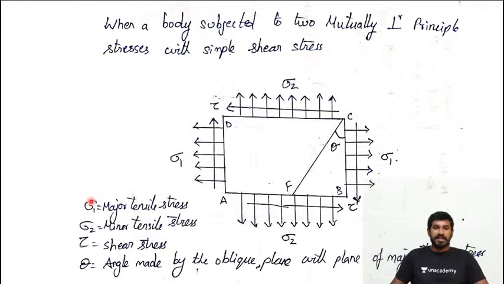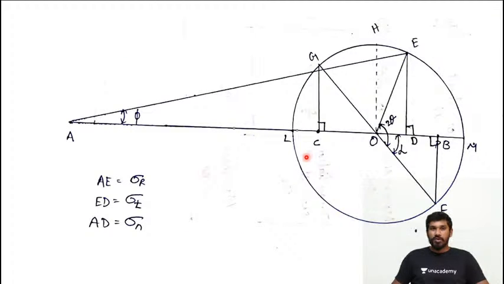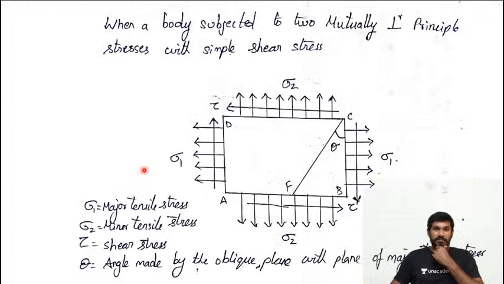So major tensile stress, minor tensile stress, shear stress, and the angle made by the oblique plane theta are given as usual. So how to draw a Mohr circle for this? The same way, AB represents sigma 1, and AC represents sigma 2. So we have both values, sigma 1 and sigma 2, AB and AC.